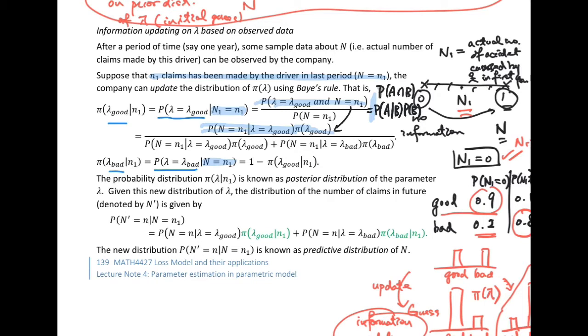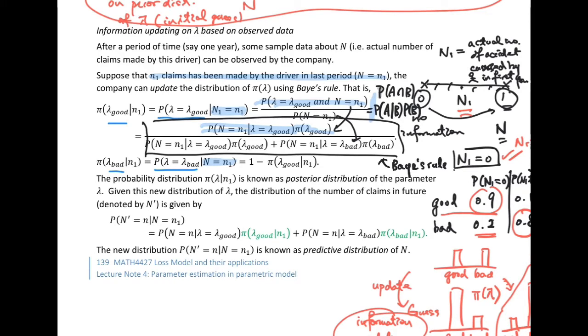For the denominator, you are asking for the probability that N equals N1, which is just a marginal distribution that you can compute using the law of total probability. That is the formula you can use to get the new distribution of lambda, given that you know the actual value of N. This formula is commonly known as the Bayes rule.